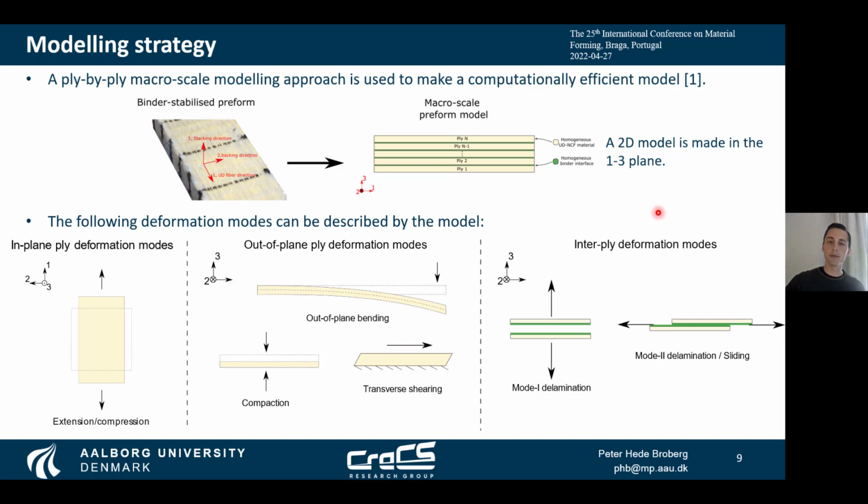And the two challenges that we face in this model is that, first of all, the membrane stiffness and the bending stiffness of these non-crimp fabrics should be decoupled in order to accurately describe this fibrous nature of the non-crimp fabric. And then the other challenge is that we need to describe this binder interface in a proper way.